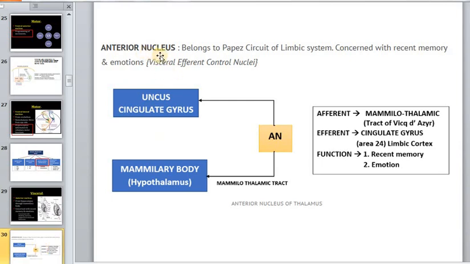The anterior nuclei have this connection with the mammillothalamic tract and efferent, and function: recent memory and emotion.